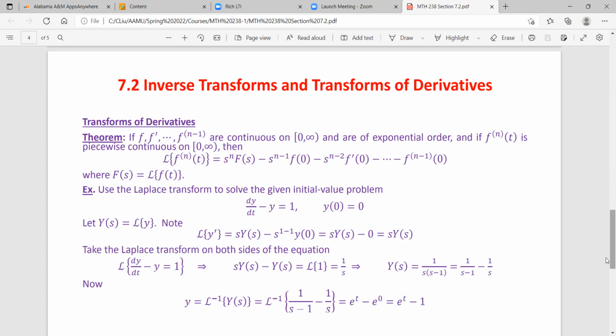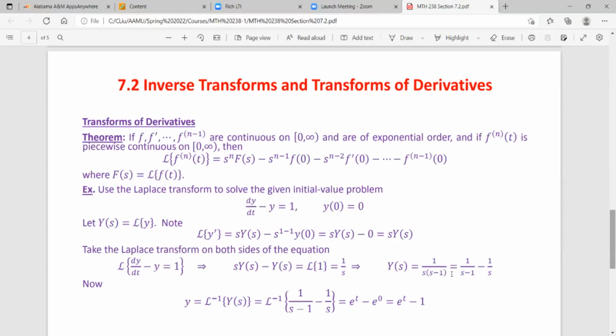You can also plug in 0, using the formula that the inverse Laplace transform of 1 over s minus a is equal to e to the at. So you get the inverse Laplace transform of 1 over s equals e to the 0t, or just e to the 0, which is 1, if you let a equal 0 in that formula.